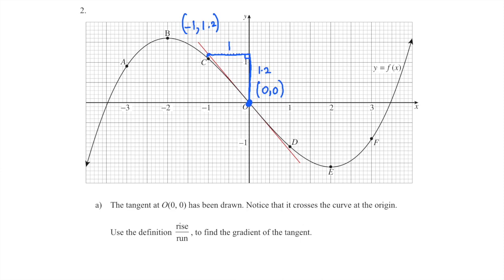So the gradient equals rise over run. Be careful with this one because it's from left to right. My line's going down the page or down the graph, so it's a negative gradient. So it's negative rise over run, or -1.2. And that's what I think it might well be.